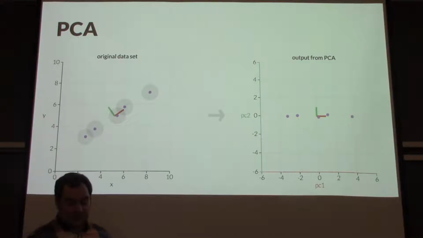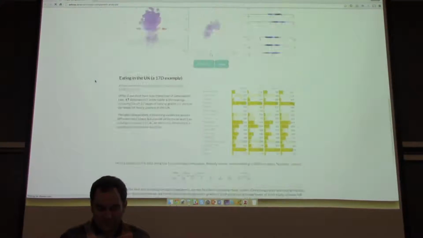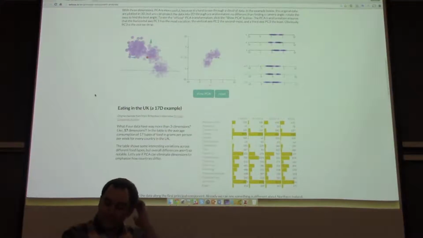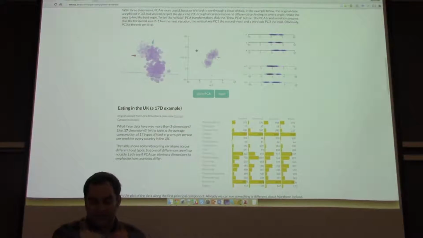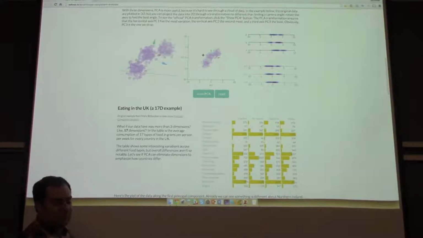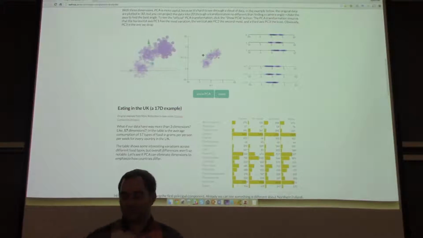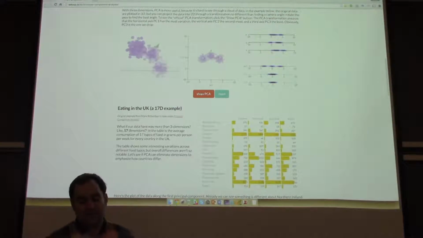And this was the nice example, and I'm just going to reopen this because it is a very illustrative example here. The 3D versus 2D. So here I have a 3D plot that I can turn around, and the question here is, what is the perfect projection to show you as much variance as possible in 2D? And you can do this with principal component analysis.